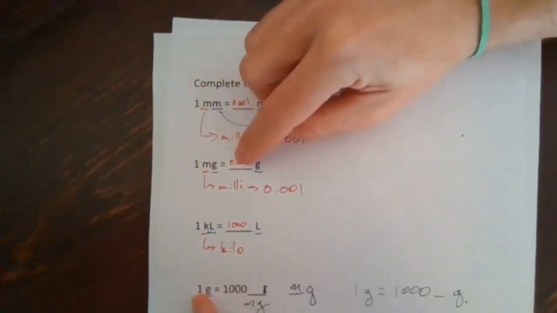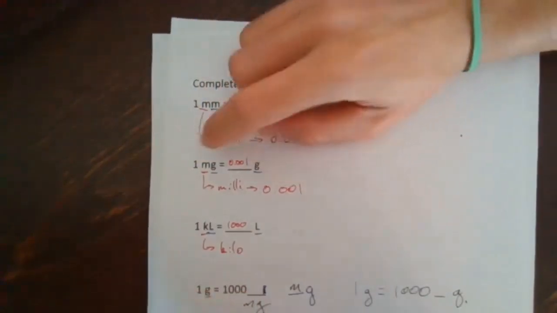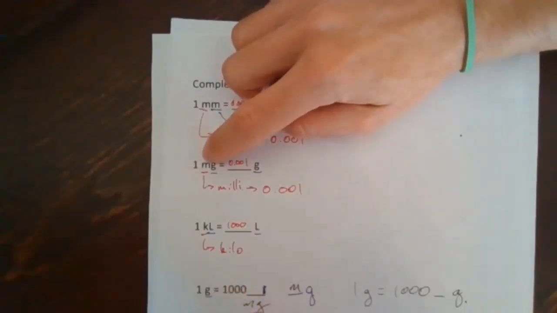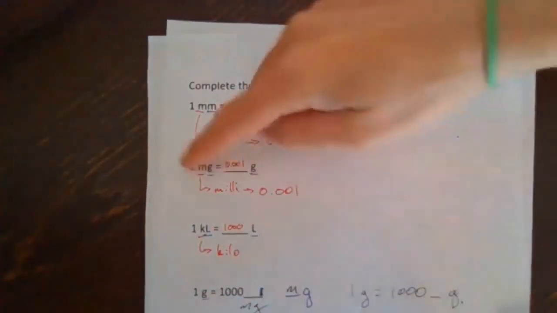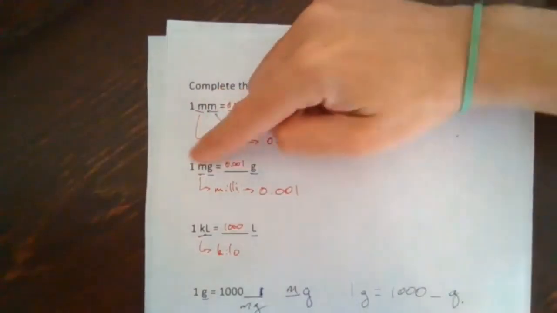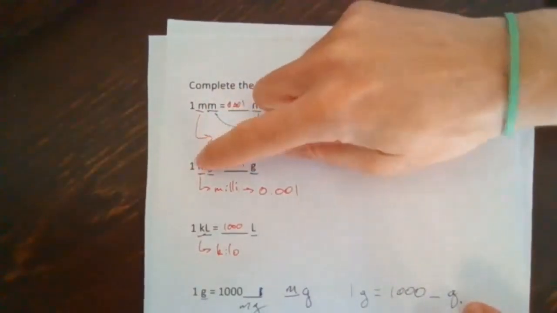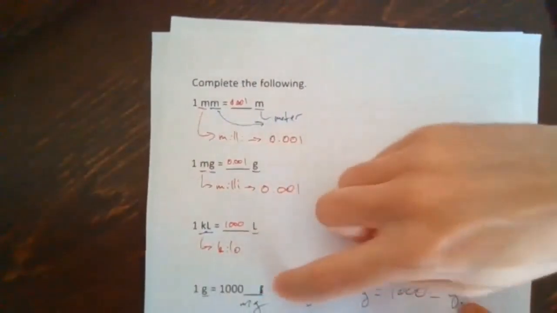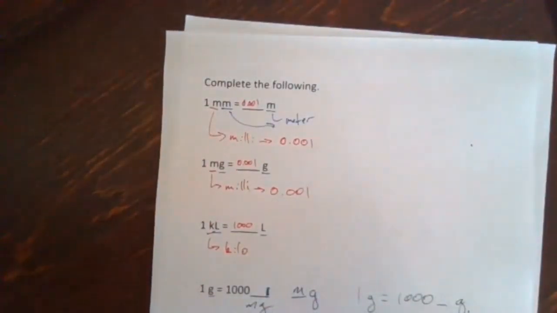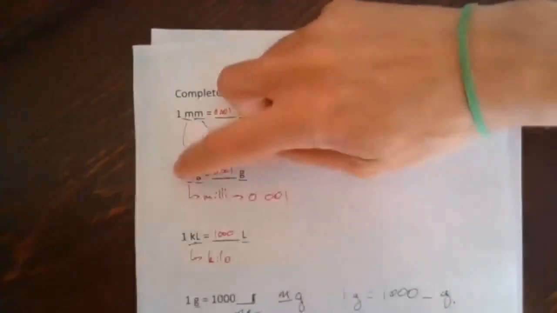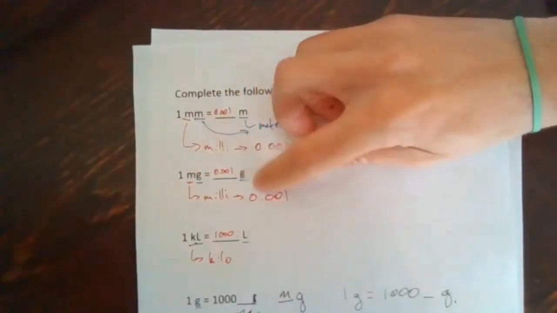The smaller number is always next to gram, and the bigger number is always next to milligram. Both of these will work, and you can use either. These are sometimes easier to come up with using the prefixes. The first is more commonly used just because people don't like decimals. So you often see that 1 gram is 1,000 milligrams. But you could also say 1 milligram is 1,000th of 1 gram.